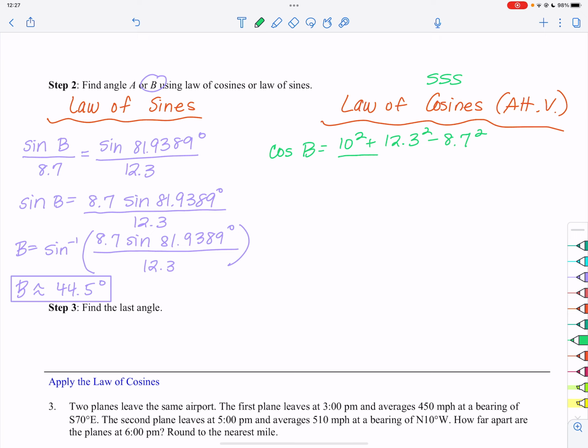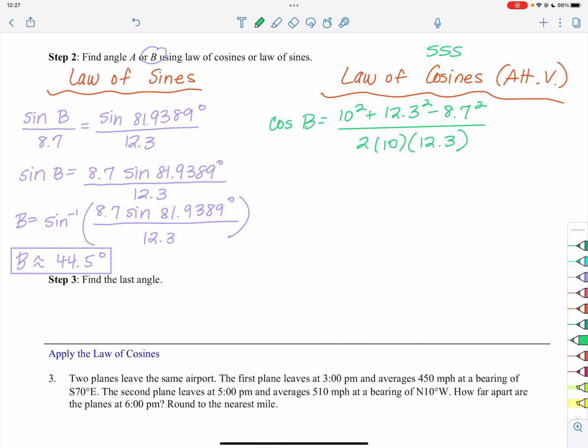Jumping the gun a little bit. And then that's divided by 2 times 10 times 12.3. So we have that B is equal to the cosine inverse. Let's give this one more try. If not, I'm going to have to find out what's wrong with my program.